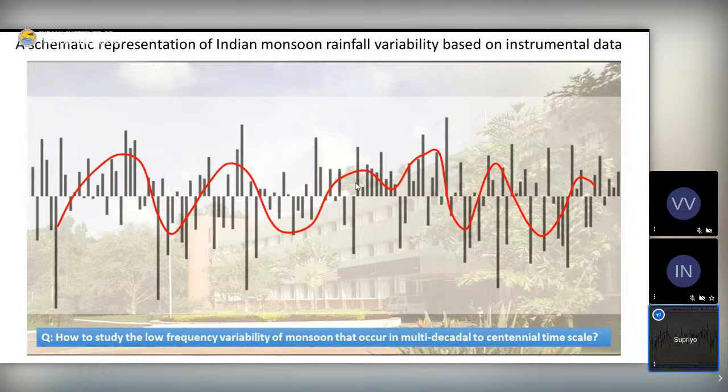To address these questions, paleoclimatologists rely on natural archives which respond to rainfall variability, and in turn record this variability by means of different parameters like elemental ratios, isotopic ratios, or various other means.